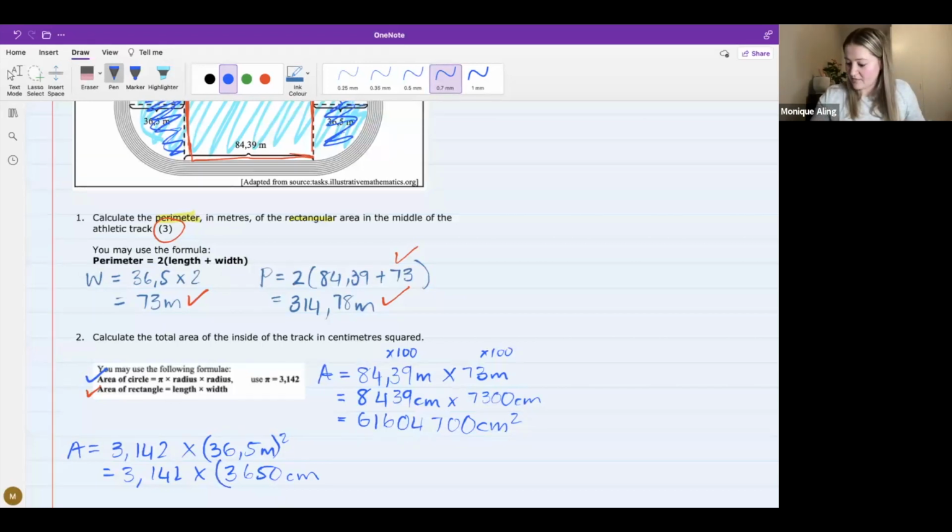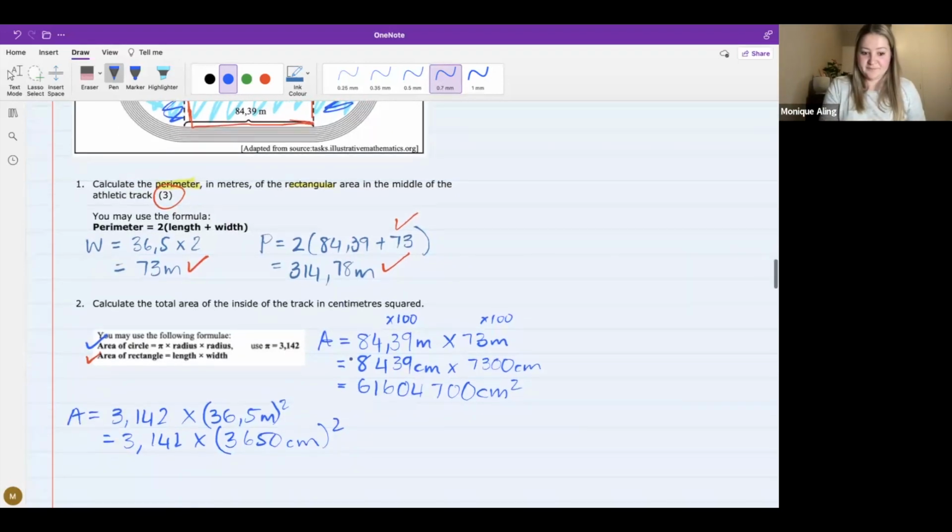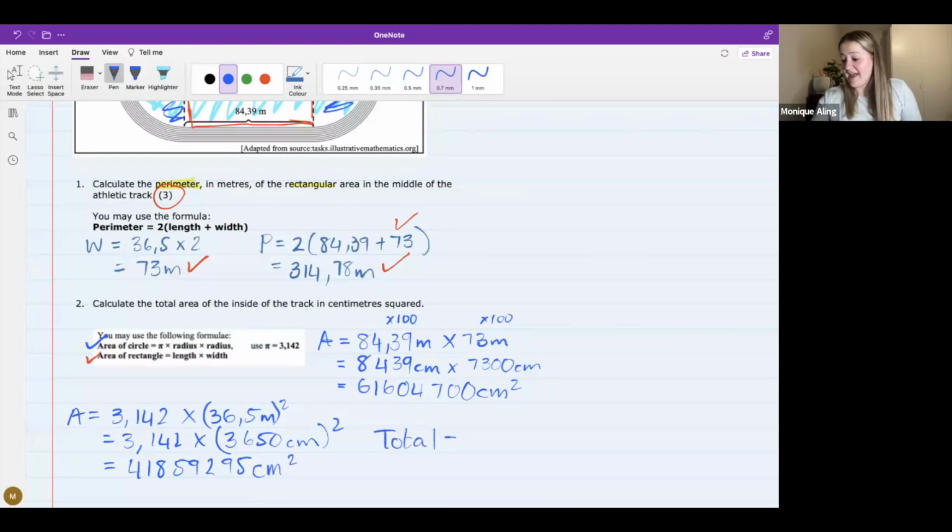It's still squared. So okay, so our total, we would have to add these numbers together.